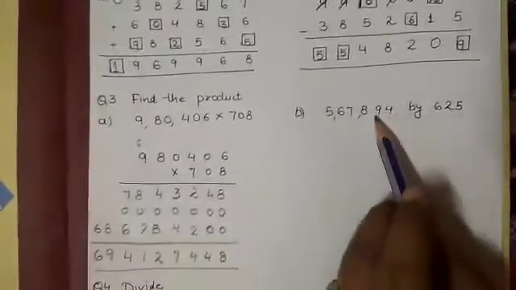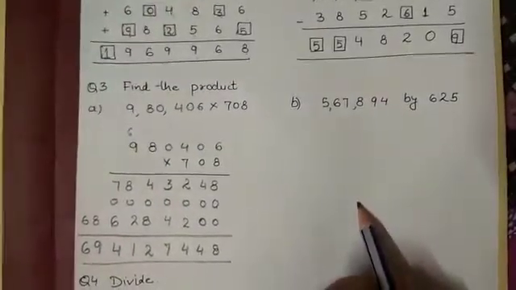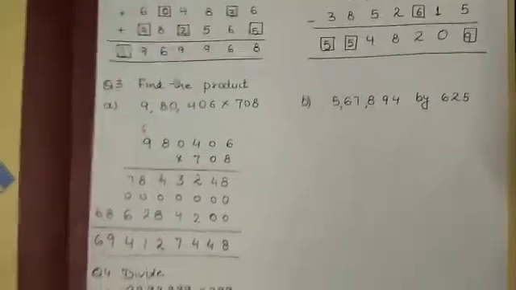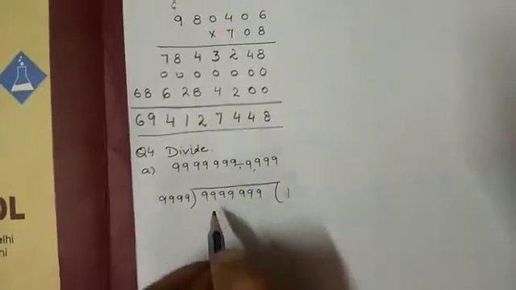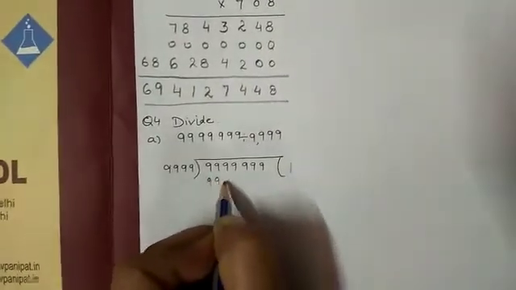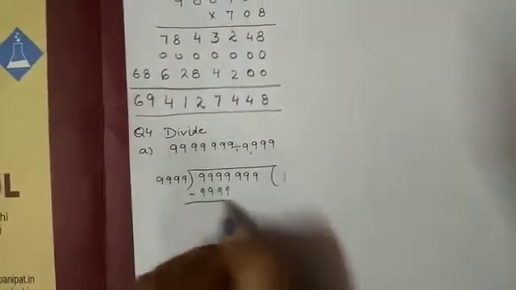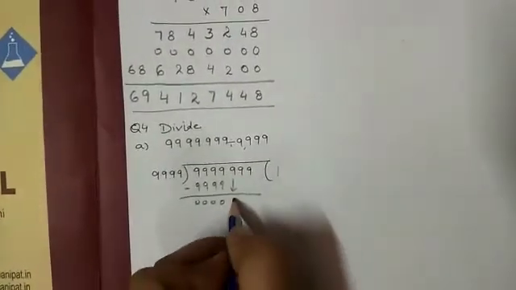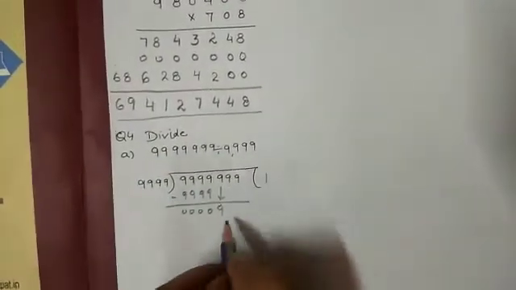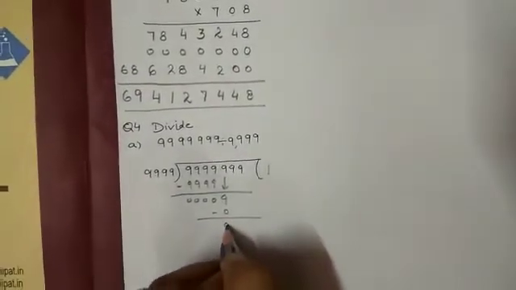Now you will multiply this part yourself, and for part D there is division. First of all, 9999, do the subtraction. Take 1 9. It's not divisible, so it will go at 0.